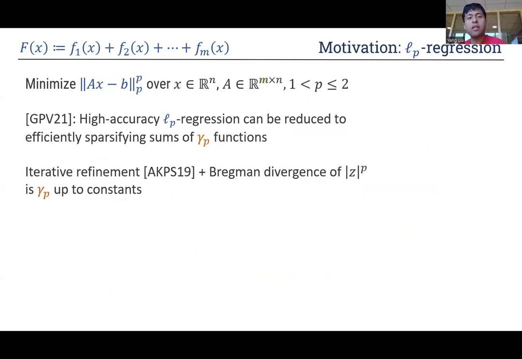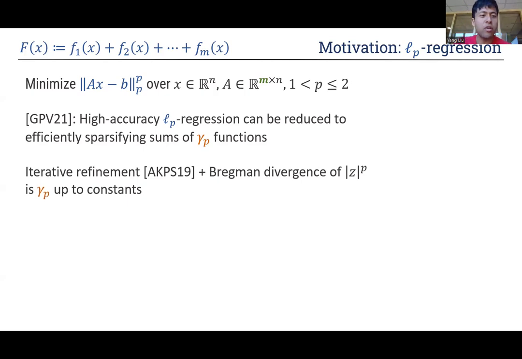The motivation for us studying this problem partially comes from applications to L_p regression for p less than 2. More concretely, this problem is to minimize the p norm of Ax minus b, where p is between 1 and 2. This is a convex optimization problem. If you only care about providing a 1 plus or minus epsilon approximation, it suffices to just sparsify the L_p norm.